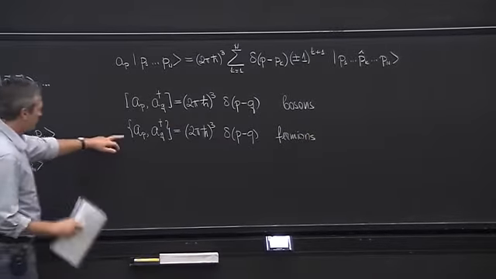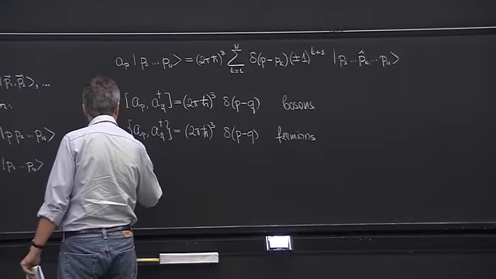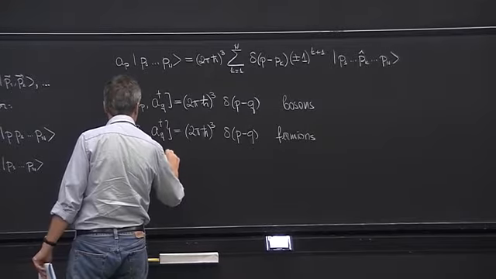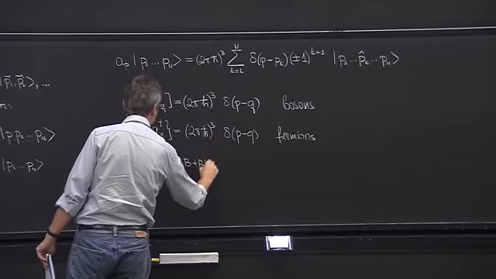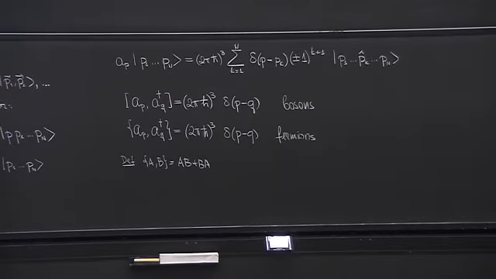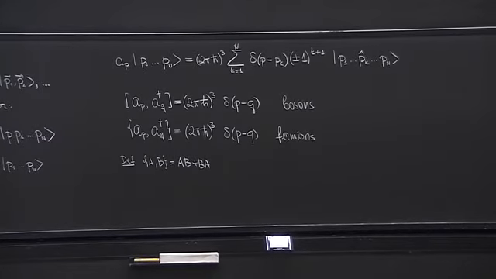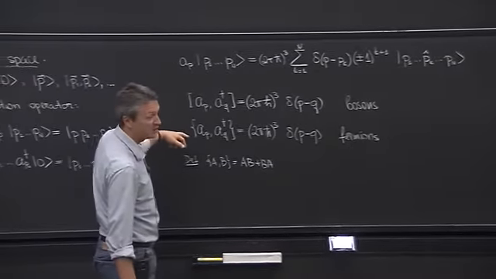The anti-commutator is defined, for two operators, as AB plus BA. And then if we commute two creation operators or two annihilation operators, we get 0 for bosons. And for fermions, they anti-commute.